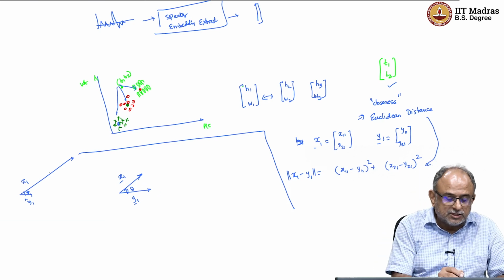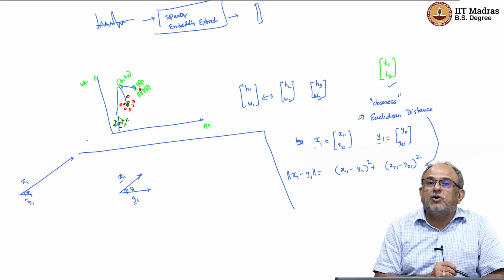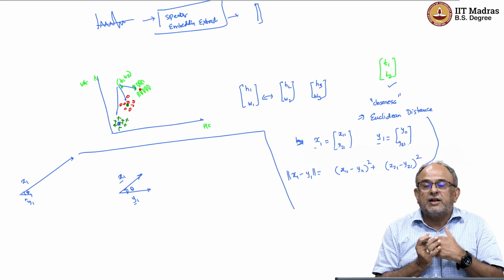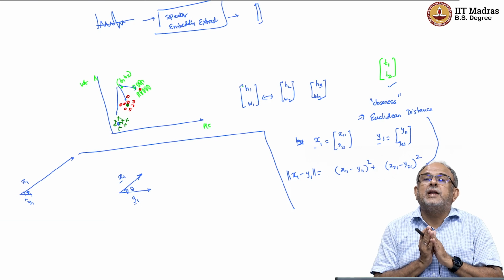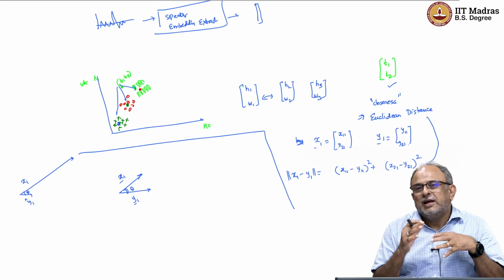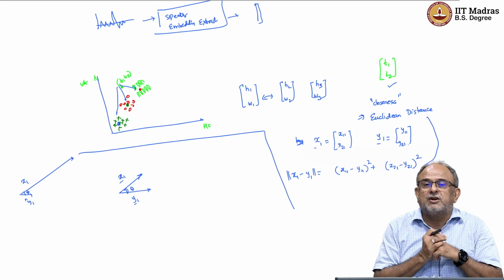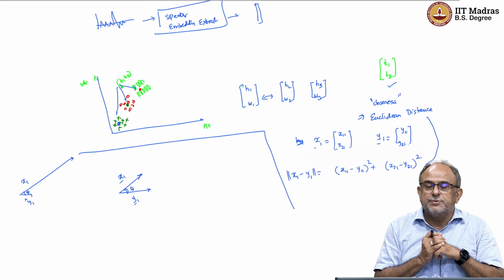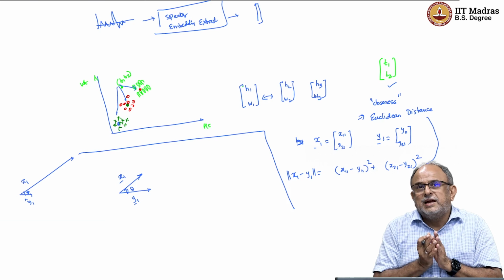That is because one of the vectors is very long compared to the other one. Sometimes the angle is a better way of measuring the similarity between two quantities. It all depends. For speaker identification, it often happens that the angle is a better measurement, so how do I measure the angle between these two?